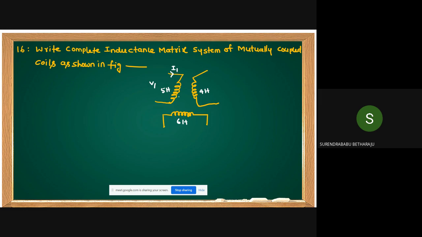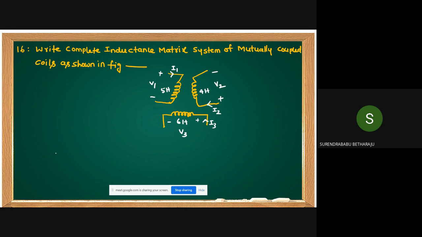This is V2 and this is I2. And this is V3 and this is I3. Polarities are given, plus minus. The I2 is given here, plus minus. Here also I3 is given, plus minus.